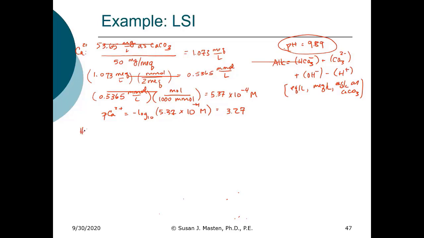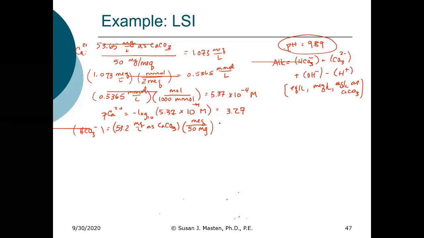So my bicarbonate concentration is equal to 53.2 milligrams per liter as calcium carbonate. Again, we've got 50 milligrams per milliequivalent.